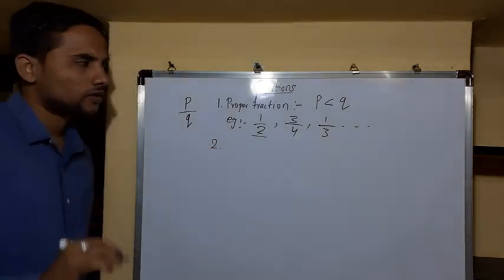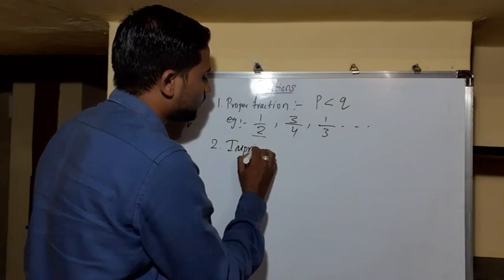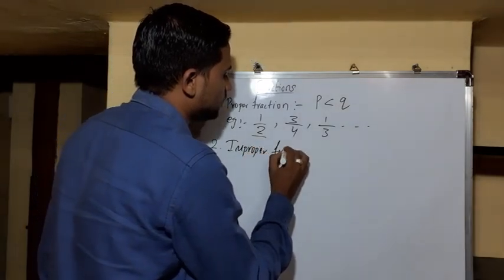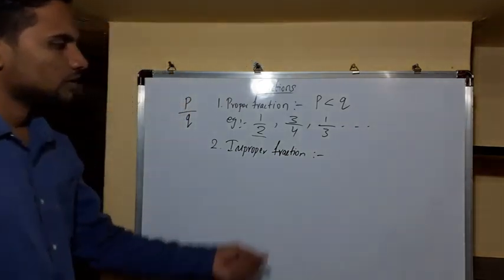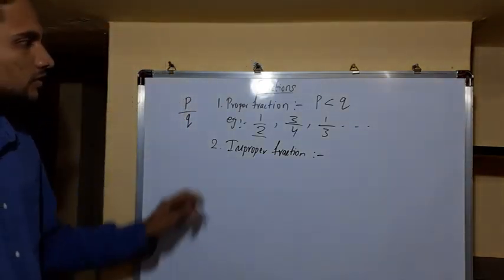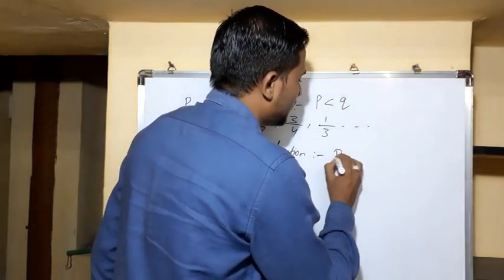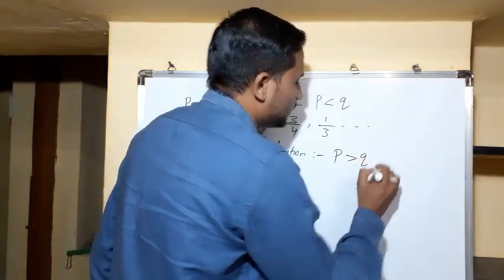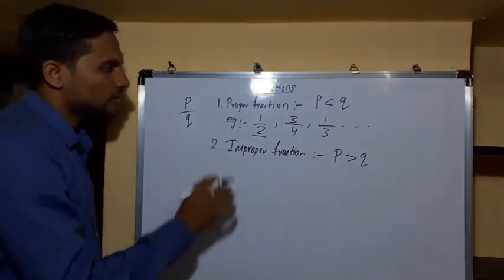Next, coming to the second one, that is improper fraction. So improper fraction is what? It is also nothing but a type of fraction, but the condition for improper fraction is that p should be greater than q. That is, the numerator term should be greater than the denominator.